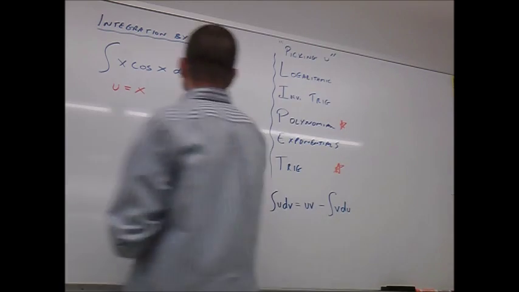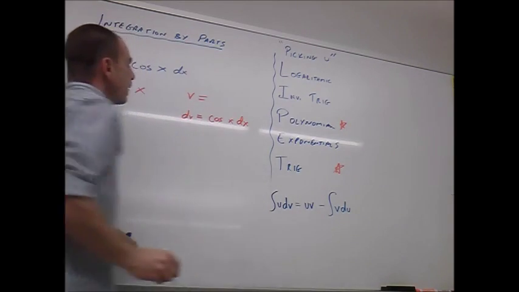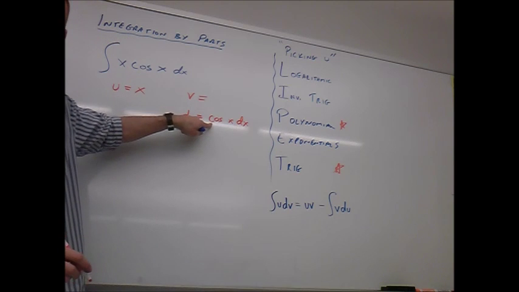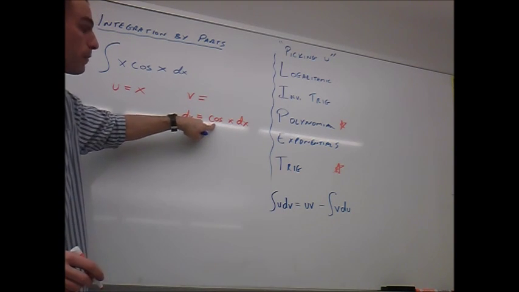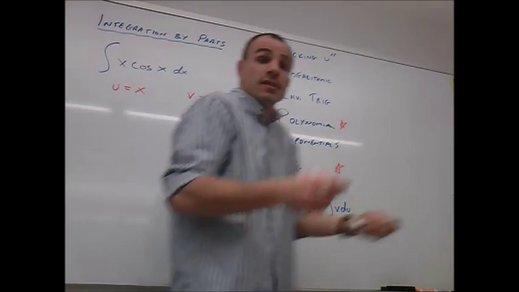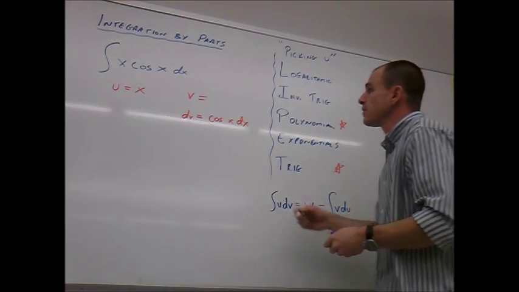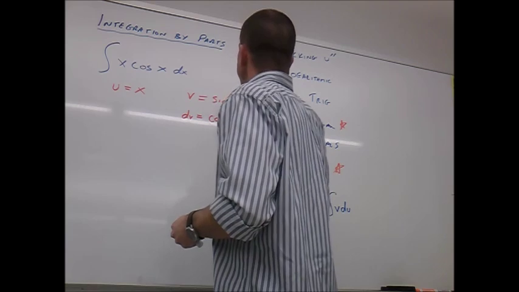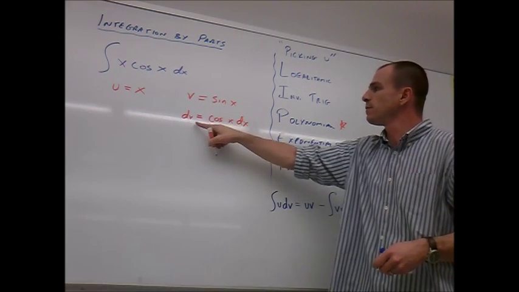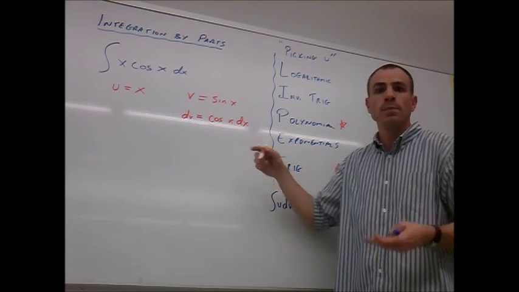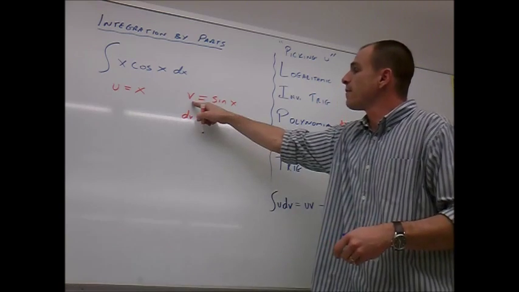But thankfully, we can find v. We can find v by doing the antiderivative of dv. What is the antiderivative of cosine x dx? Exactly, it's sine x. Cosine's derivative is sine. So v is going to be sine x. And now, isn't it true that v's derivative, which is right here, would be cosine x? Absolutely. So we have v now.